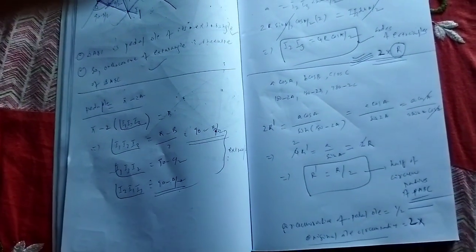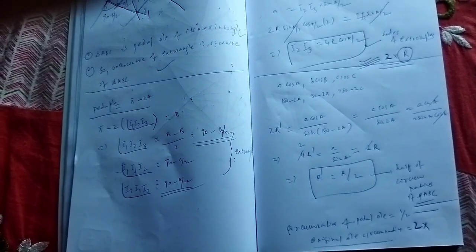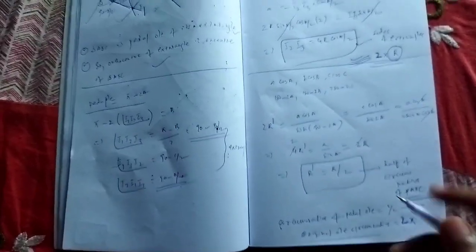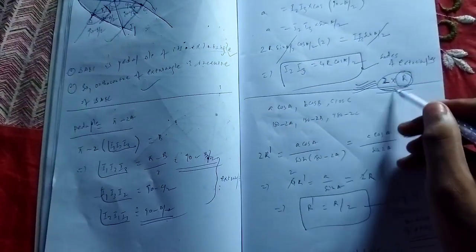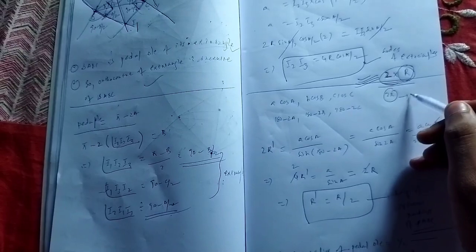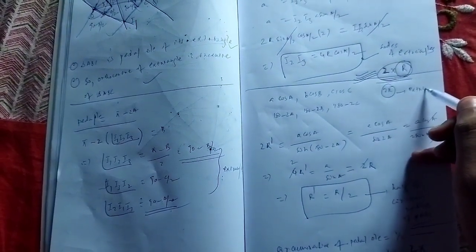So the circumradius of X triangle is double the radius of triangle ABC, that is 2r. 2r is the circumradius of X triangle. So it will be like this.